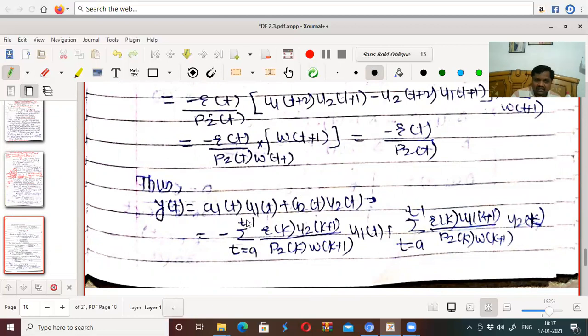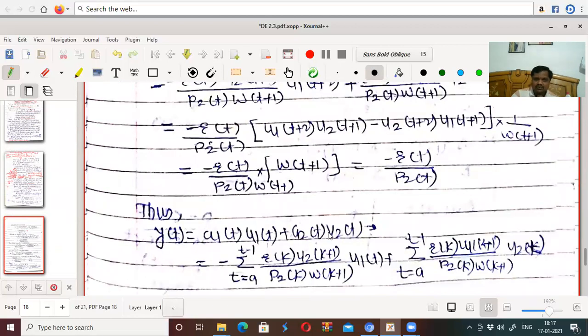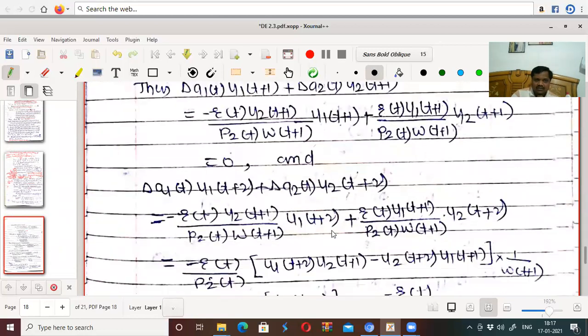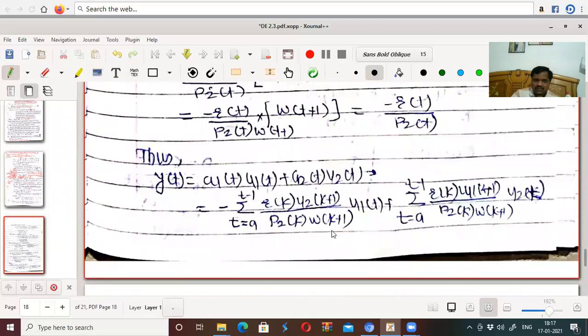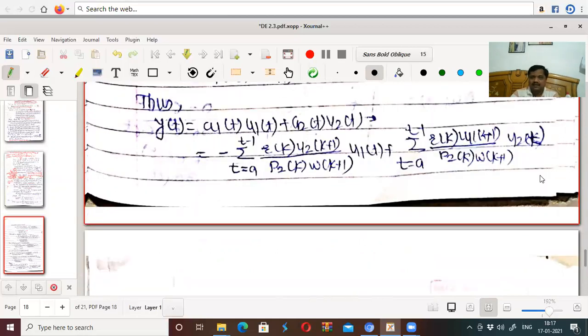But what is a1t into u1t plus a2t into u2t? What is u1t? U1t we have obtained, minus summation from k equal to a to t minus 1 rk u2k plus 1 upon p2k w of k plus 1, into u1t, plus this a2t into u2t. Here it is not k, it is u2t.